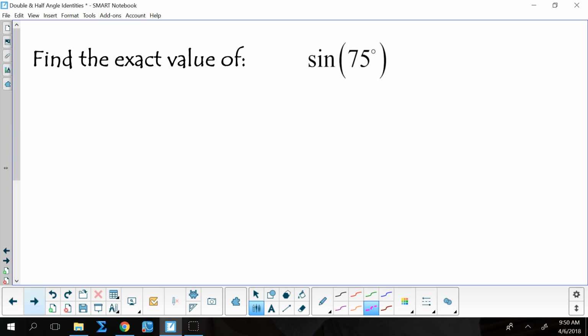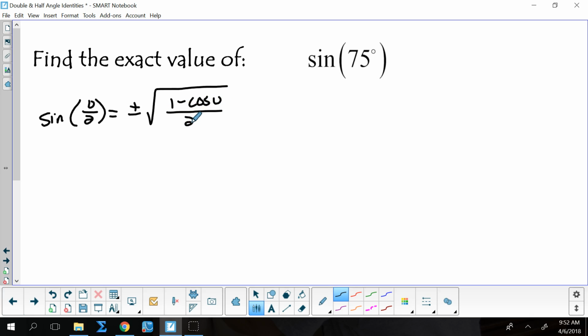Find me the sine of 75 degrees. And 75 is 150 divided by 2.